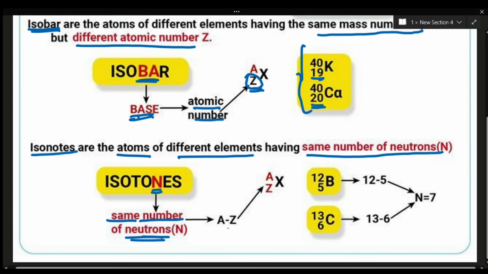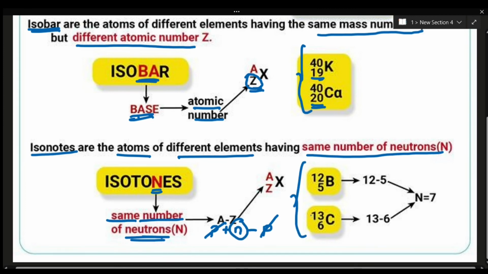It is calculated as A minus Z, that is mass number minus atomic number. Now mass number, as I already told you, is proton plus neutron. And what is atomic number? Atomic number is number of protons. If we subtract these two, the protons will get cancelled and we will be left with number of neutrons.